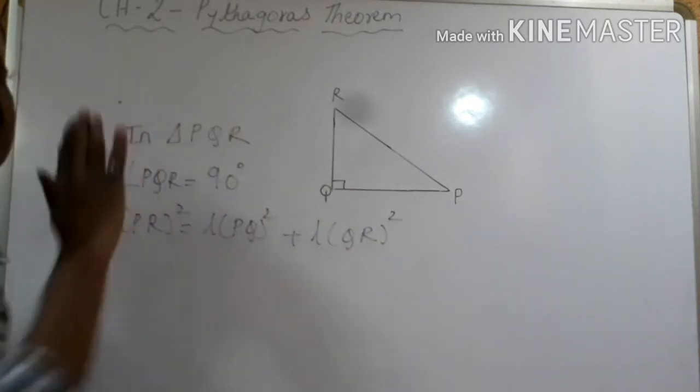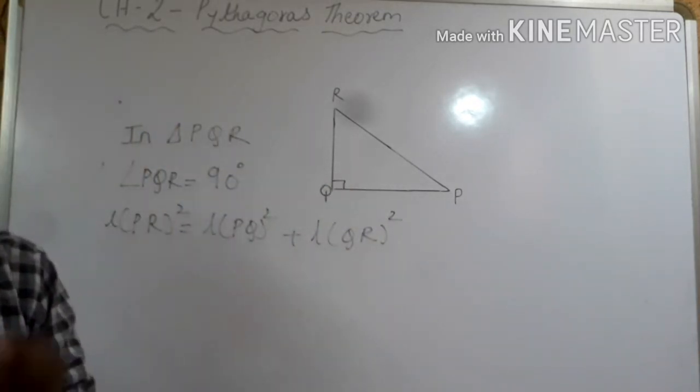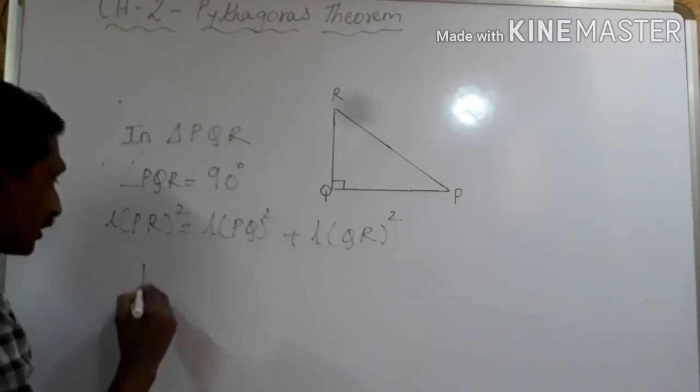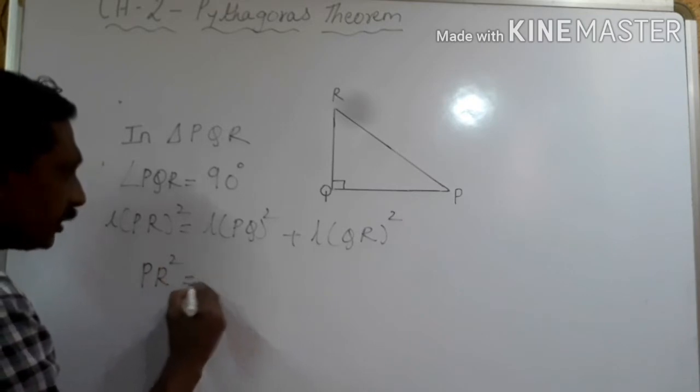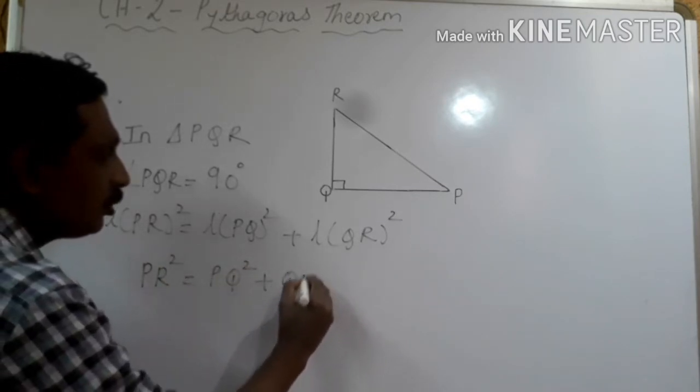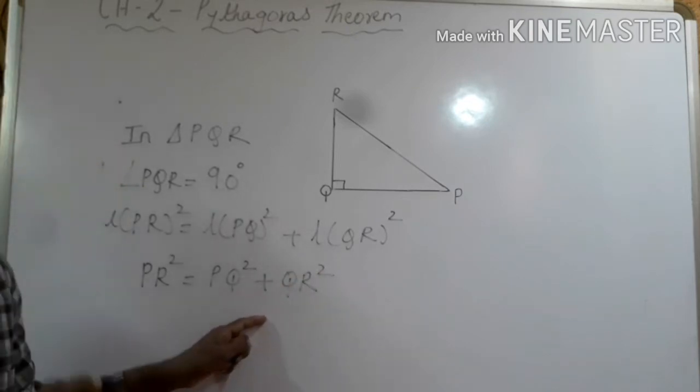Now this can be written as PR square is equal to PQ square plus QR square. This is the Pythagoras theorem.